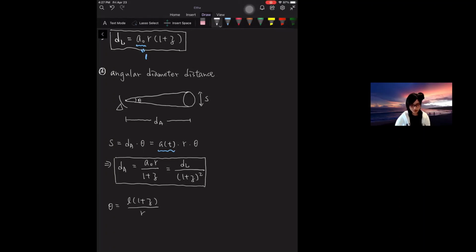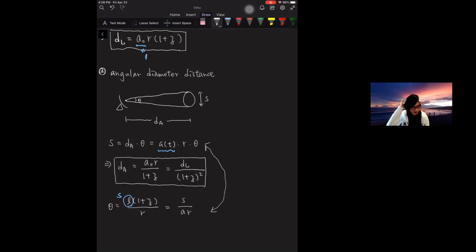You are asked to use this equation. Basically, this is just the angular diameter distance equation, because the L here is just the S we're talking about, the size of the object. So this equation will be equal to S over A r, and that is what we derived here, because S equals A r times theta. So these two are equivalent.